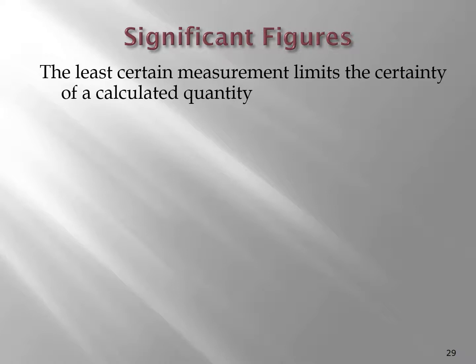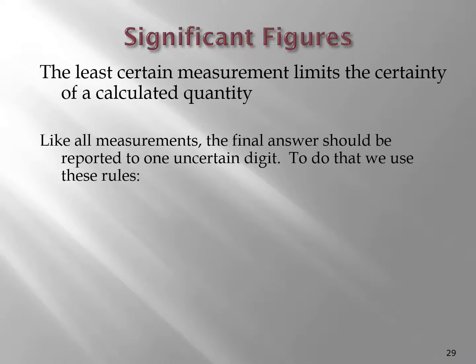If I'm trying to get the area of a table and I measure one side to 2 decimal places in centimeters, but then I measure the other one with a meter stick and I just estimate it, well, the area of my desk is only going to be as good as the worst measurement, the least significant measurement. Now, when we report a final answer with calculations, we want the answer to be reported so that, again, there's one uncertain digit.